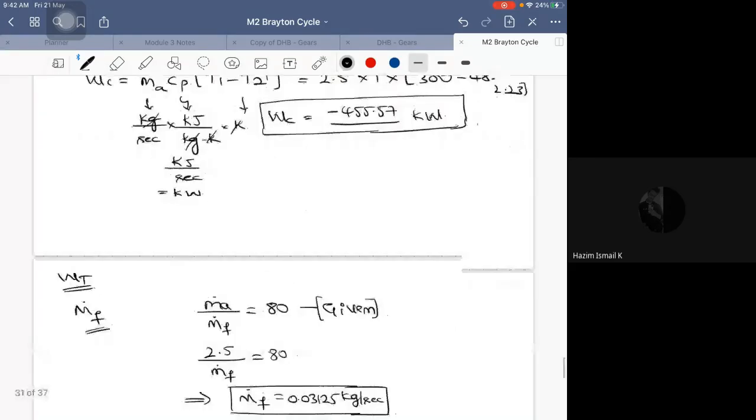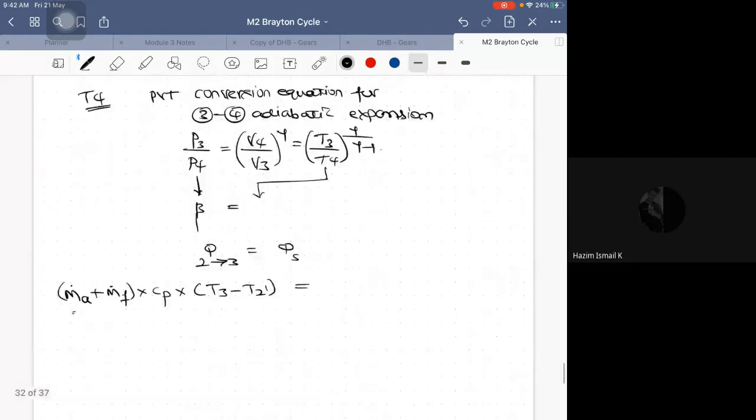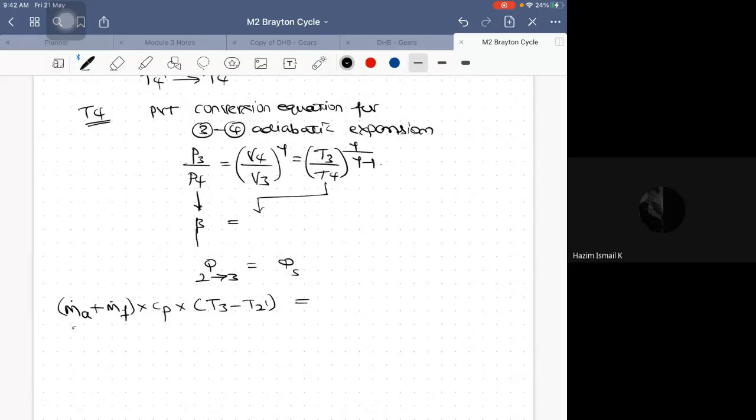Come back here. Now, how will you calculate the heat supplied by the fuel? You know this since the IC engine chapter. It is mF dot into CV, excellent.